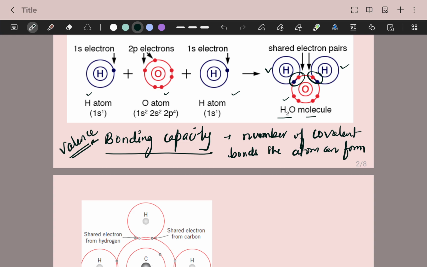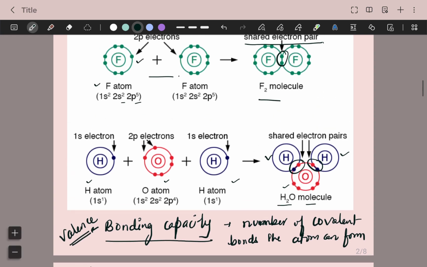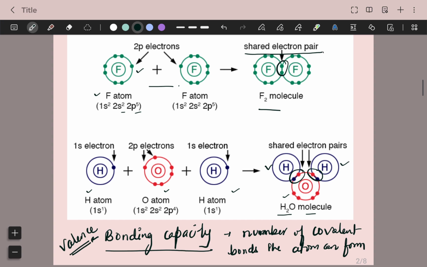So if I say valence of hydrogen 1, valence of oxygen 2, valence of nitrogen 3, and valence of carbon 4.